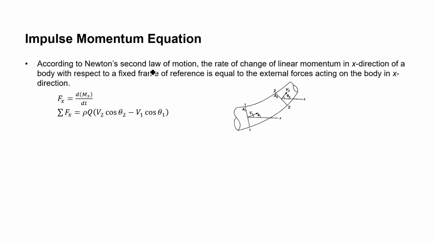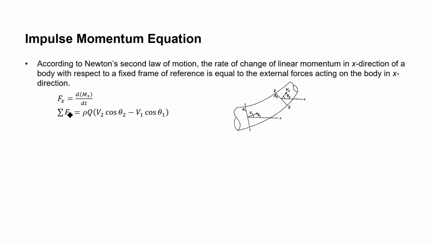As per Newton's second law of motion, the rate of change of linear momentum in any direction of a body is equal to the external forces acting on the body in that direction. So, if we consider the x direction and the flow taking place as can be seen in the figure, considering this as a control volume and 2 points 1 and 2, if we write the impulse momentum equation for x direction, then we may write Fx equal to d/dt of mv.